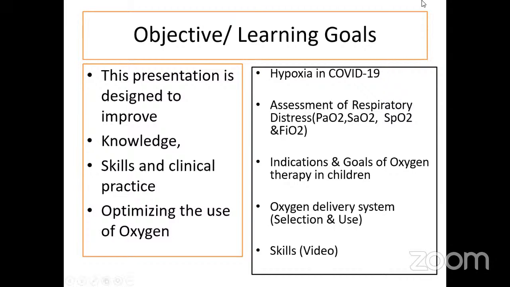Indications of oxygen therapy: one is supplementation. We need to supplement oxygen in cases of hypoxemia or hypoxia. It can be given as prophylaxis, like pre-oxygenation for giving anesthesia and intubation. Oxygen can be used as an antidote in carbon monoxide and other poisonings.